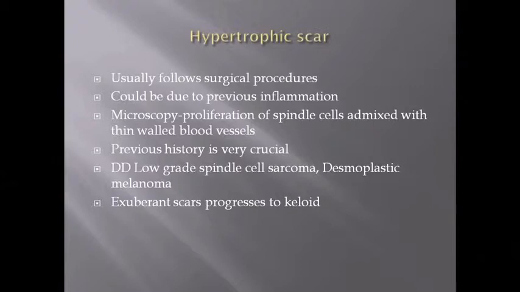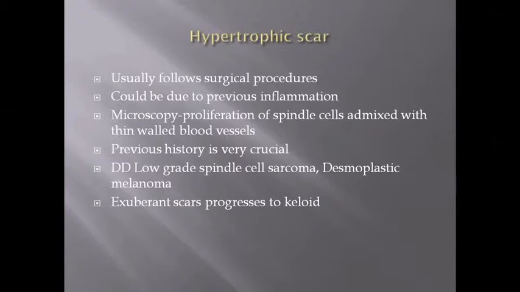And in such occasions, again, a past history of some lesion having been there a while ago, or some minor surgical procedure being performed a while ago would be very, very crucial. And exuberant scars usually tend to progress to keloid. So scar, in my practice, I've always found deciding something is a proper scar when you don't have a history is always a nightmare.